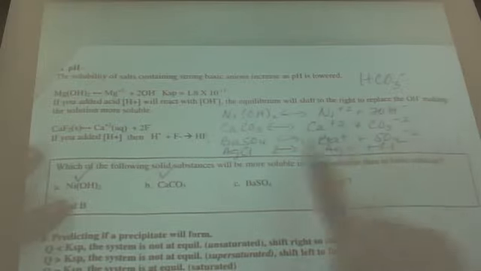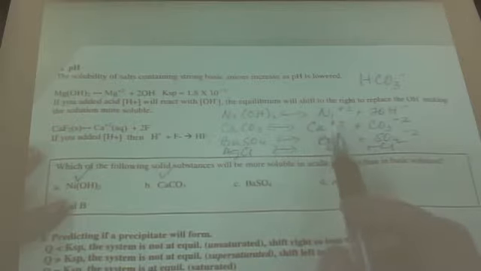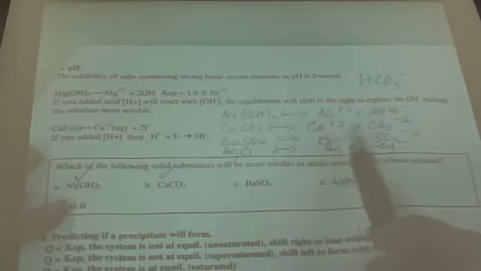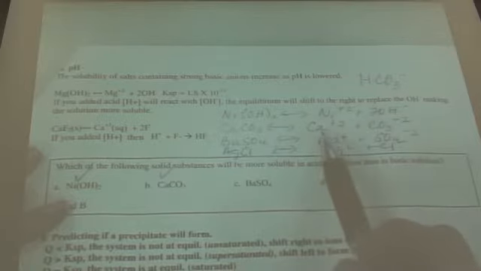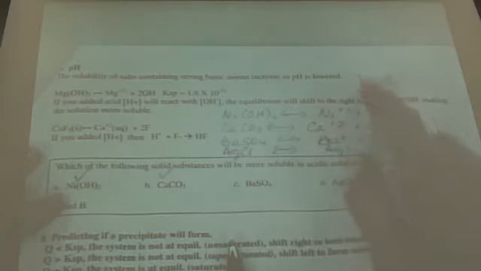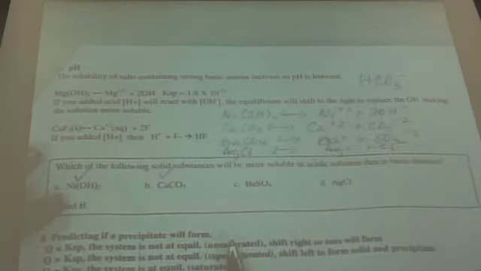It forms the CaOH, which has limited solubility. Isn't it a strong base? It's a semi-strong base, so it would probably not have as great an effect as the proton would, because this isn't going to dissociate at all.